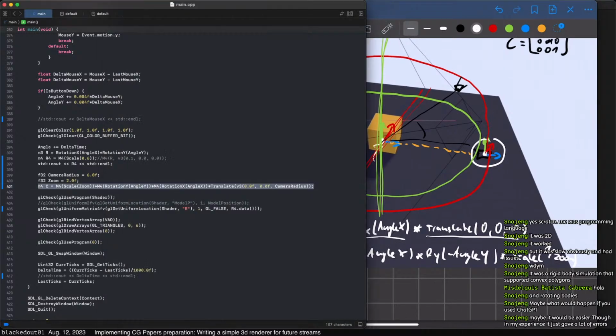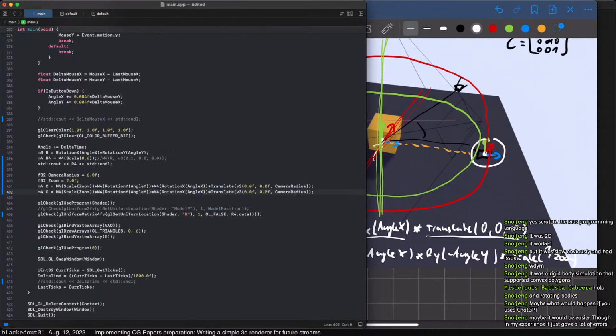So let's define this too. So first the translation with the negative radius. Then we take the x rotation with the negative angle.